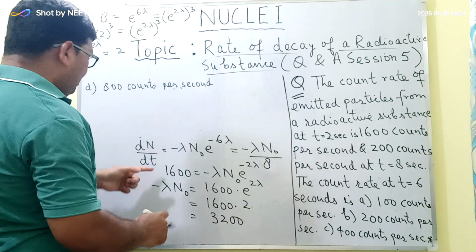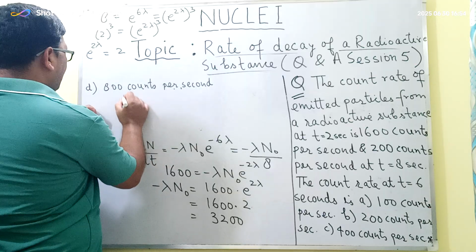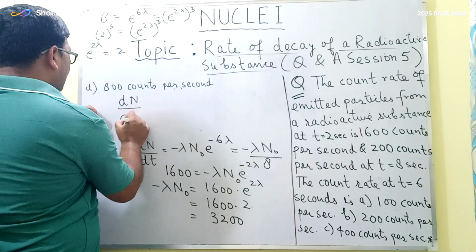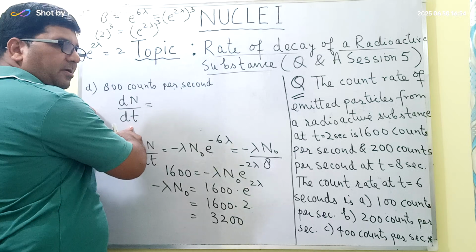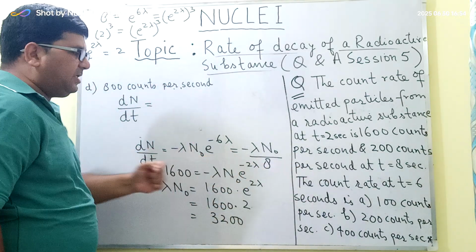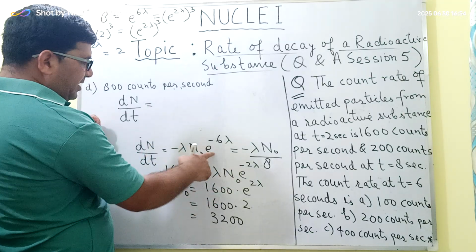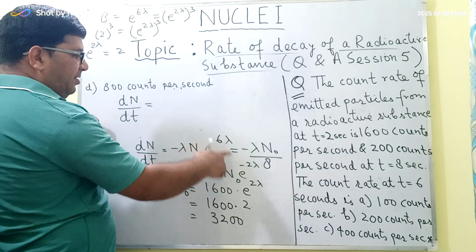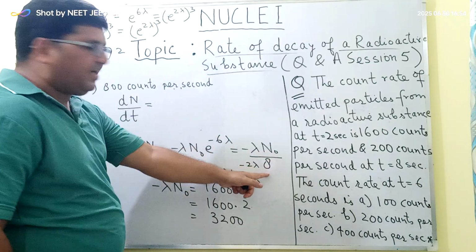The value of the count rate at t equal to 6 seconds, that is the rate of decay of the radioactive substance, is equal to minus lambda N naught multiplied by e to the power minus 6 lambda, or minus lambda N naught divided by 8.